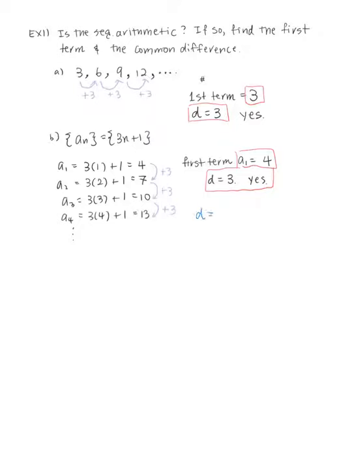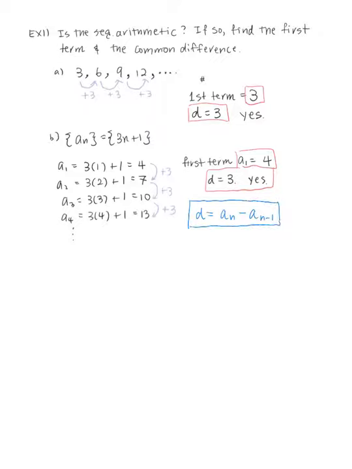Our common difference d is nothing but a sub 2 minus a sub 1, or a sub 3 minus a sub 2. So in general, our common difference d can be defined by a sub n minus a sub n minus 1. Let me box that, because this is a very nice formula.